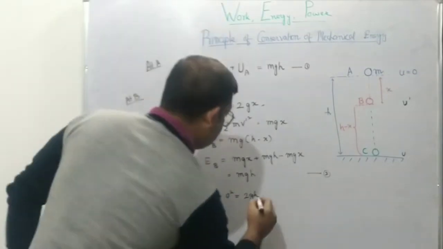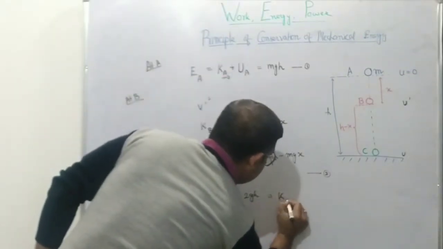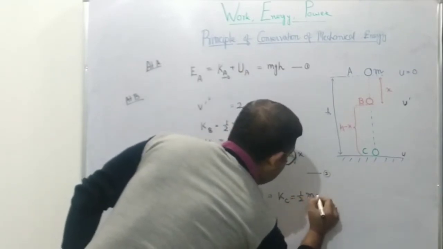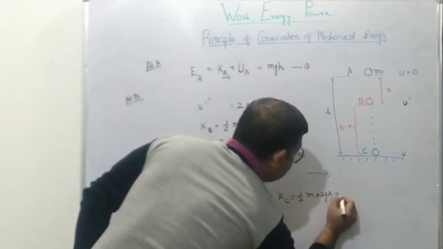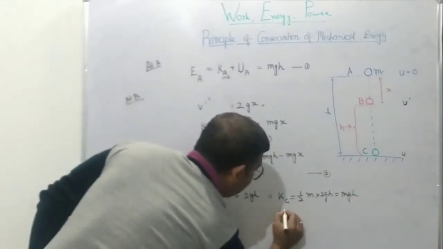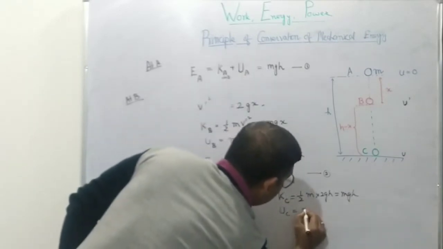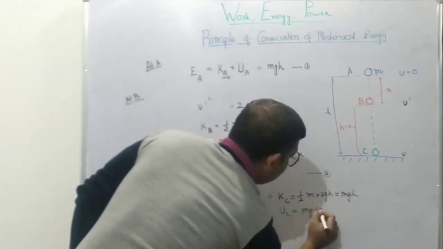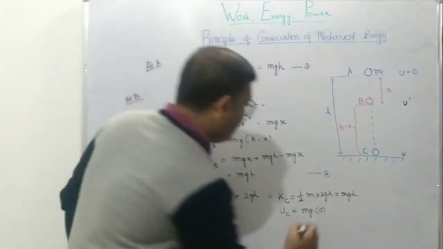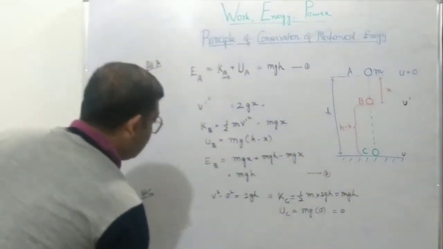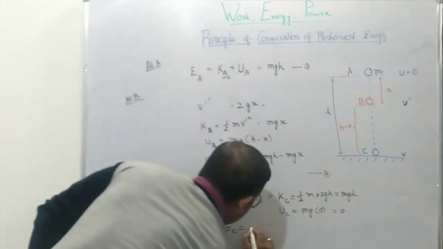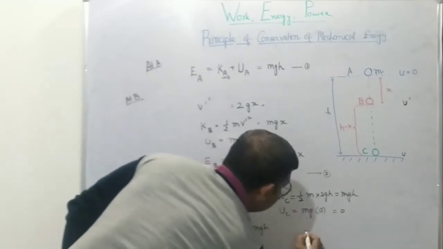So this implies kinetic energy at C will be half m into 2gh, which is equal to mgh. And potential energy at C is mg into 0, because the object has now reached the ground level, so height becomes 0. Which means total energy at C, kinetic plus potential energy, will be equal to mgh.